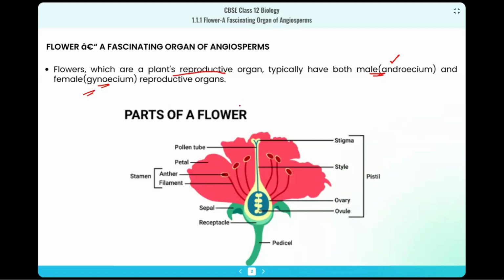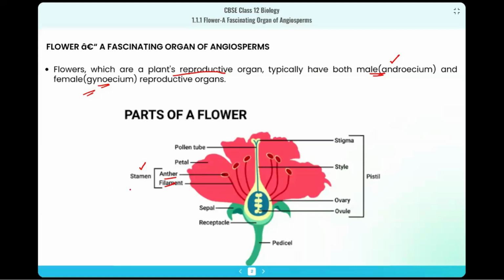Now, in this slide, you have been given the parts of a flower. We will come to the different structural features of the flower in detail in the coming slides as well, but I would like to give an introduction to the structural parts first. Here we have the stamen, which consists of the anther and filament.